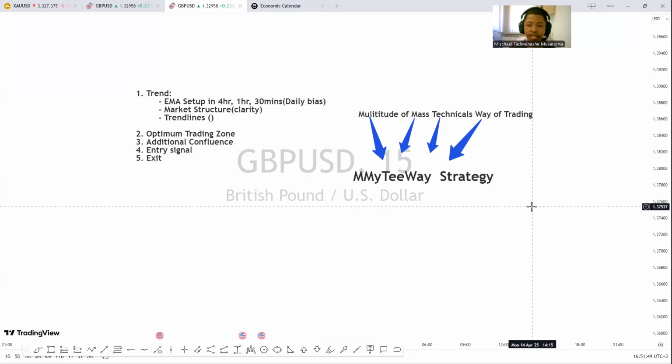Because I had to figure this out on my own, right? As you all know, I did not have a mentor. The mentor I had was a scam. He just took people's money and went away with it. It was called Genius Forex, if I still remember.